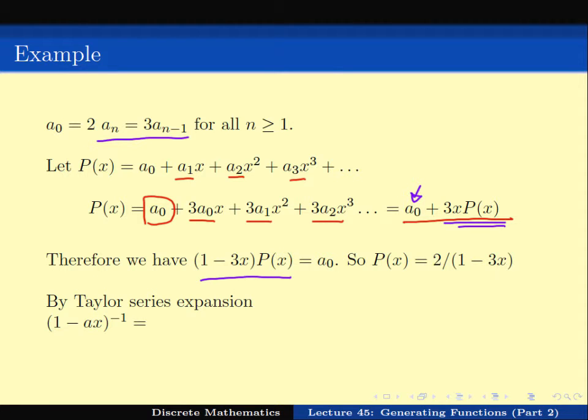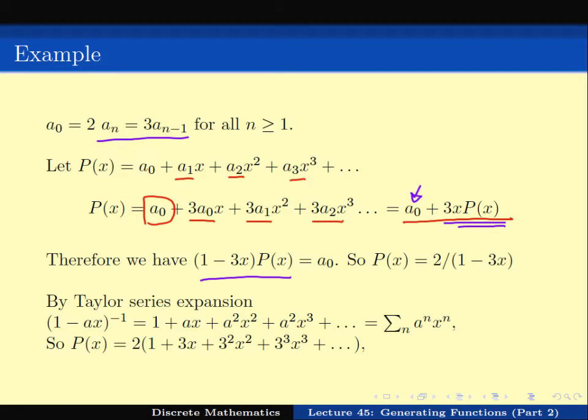Now, remember this Taylor expansion that we did? We had (1 minus ax) to the power minus 1 is 1 plus ax plus a squared x squared plus a cubed x cubed and so on. So by putting the value of 3x here, what do we get?